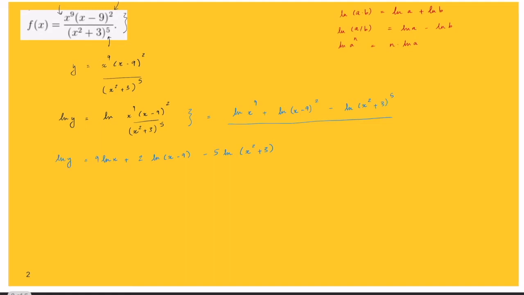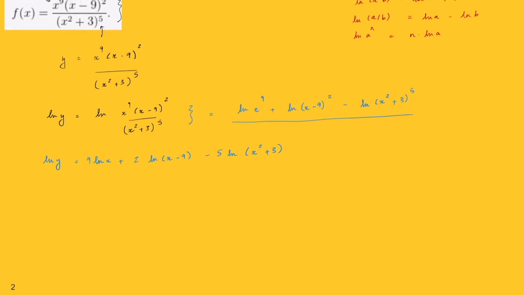Now here we can start differentiating with respect to x. The derivative of ln y with respect to x is simply going to be 1 by y, and because this is a function in terms of y, the chain rule applies, so we multiply this by dy by dx. Moving on to the right hand side, the derivative of the natural logarithm is simply 1 by x.